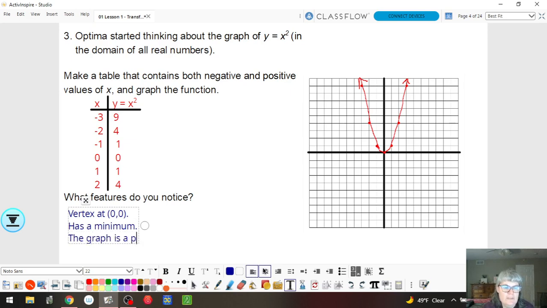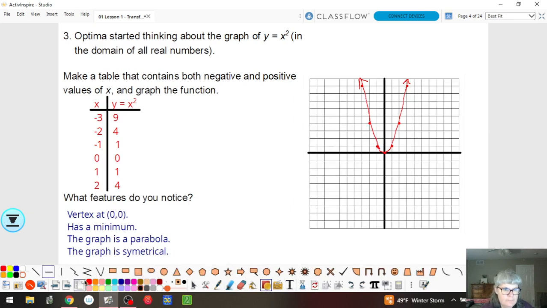The graph is a parabola, and it is symmetrical. And I think I have too many m's in symmetrical. There we go. Now, it's symmetrical around the y-axis.